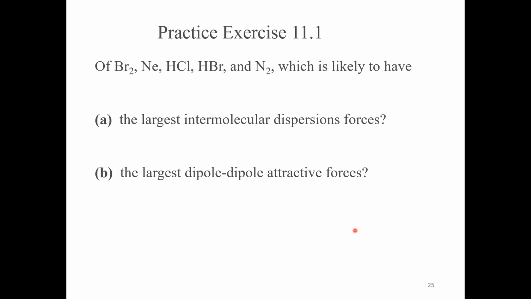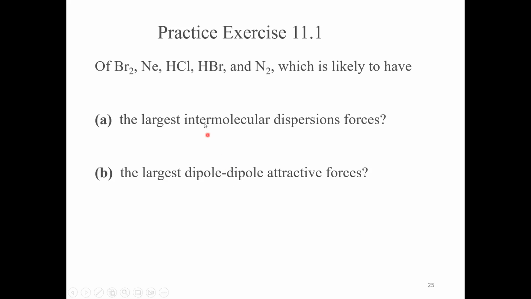And then for the second one, now we've got a handful of different substances. We want to do the same thing. Which of these is going to have the strongest dispersion force? Which of these is going to have the strongest dipole-dipole attraction? With the dispersion force, again, we want to think about which of these is going to be the greatest in terms of size.